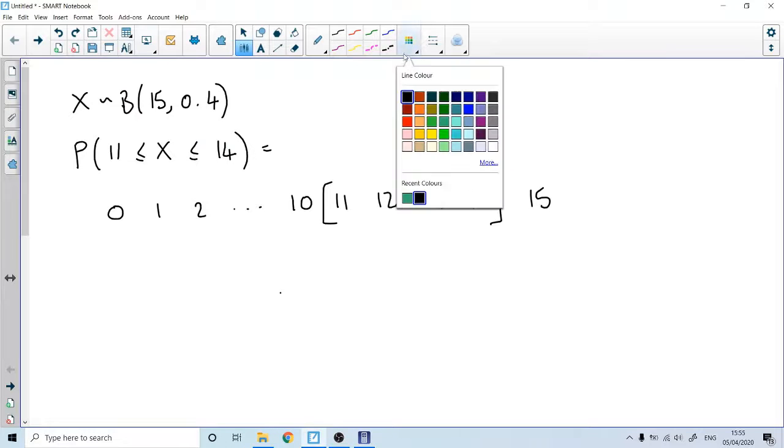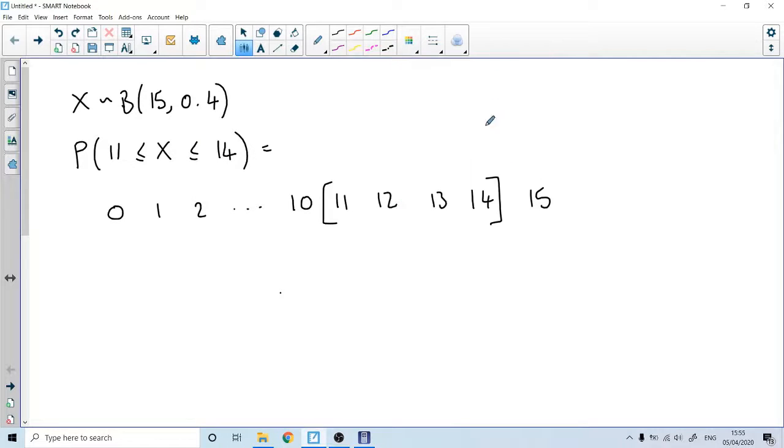It's a little bit harder if you've got one of the older calculators because the older calculators only give you a probability of x being less than or equal to something. So what we're going to do is we're always going to use the same method to work this out. We're going to work out the probability of being less than or equal to our top value, 14. And that's going to give us the probability of being in this red region here.